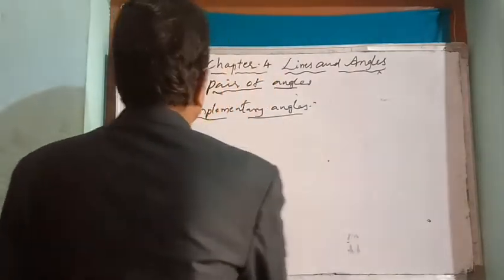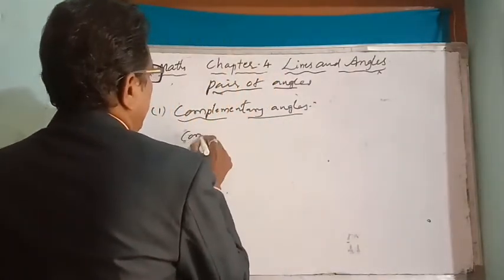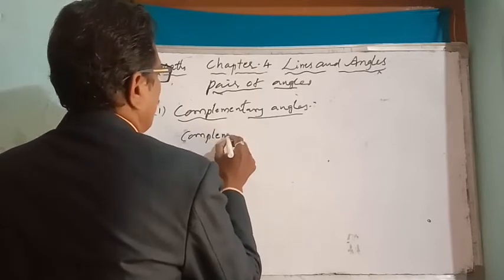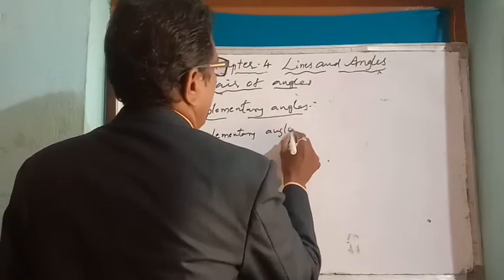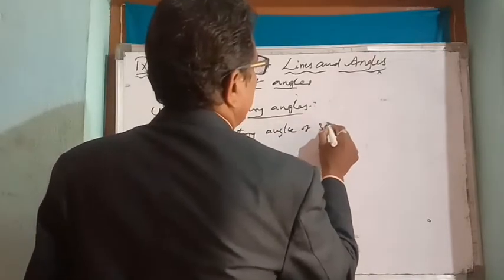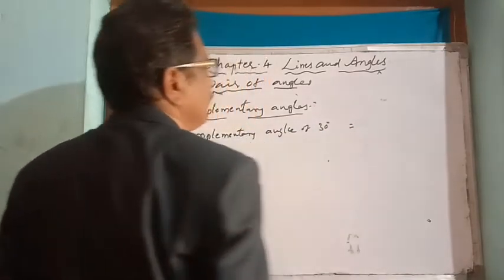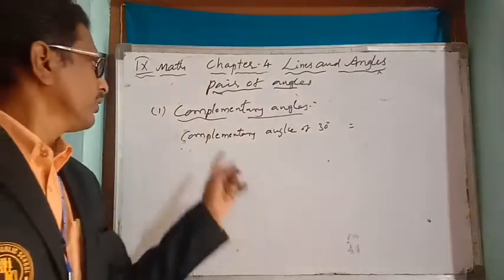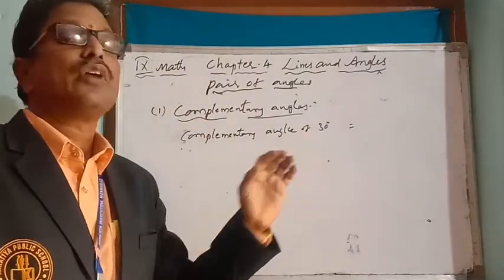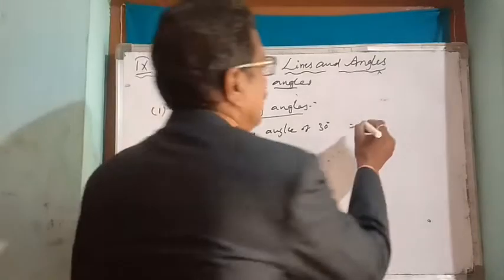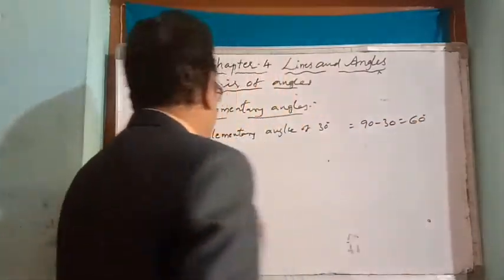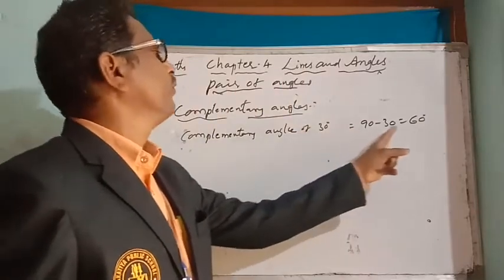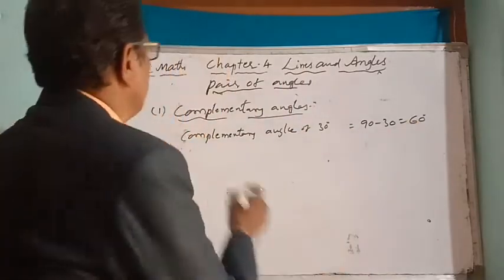Example: what is the complementary angle of 30 degrees? The sum of two angles is 90 degrees, so 90 minus 30 equals 60. The complementary angle of 30 degrees is 60 degrees.